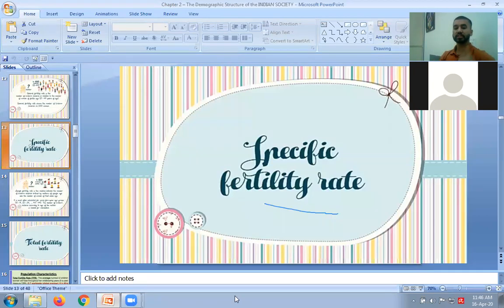So after discussing birth rate, death rate, and general fertility rate, now we're going to understand specific fertility rate. When we talk about specific fertility rate, we are not going to include all the women from 15 years of age up to 49 years of age.